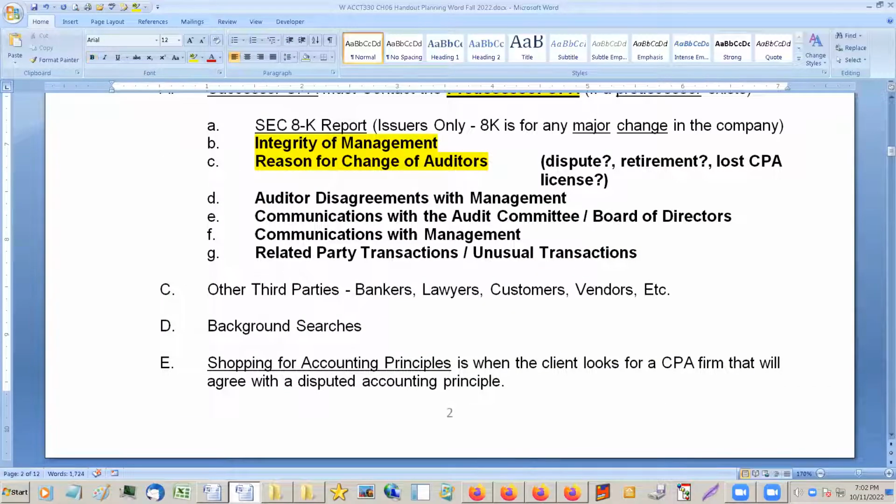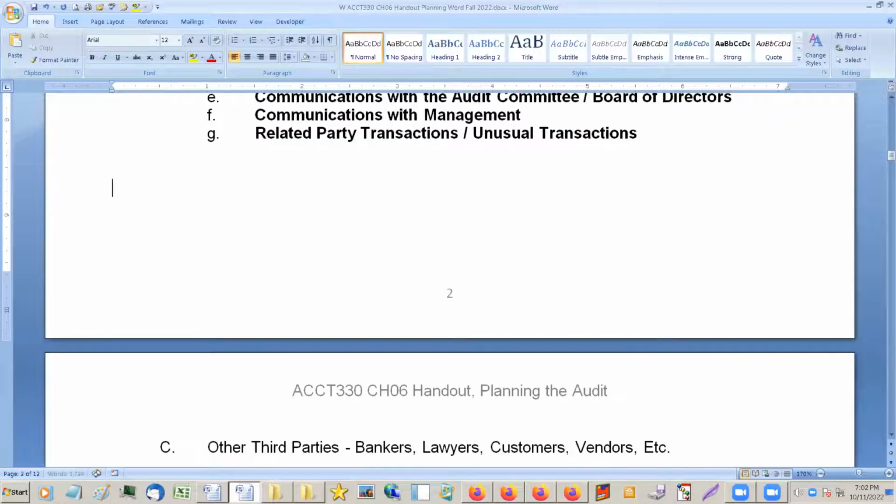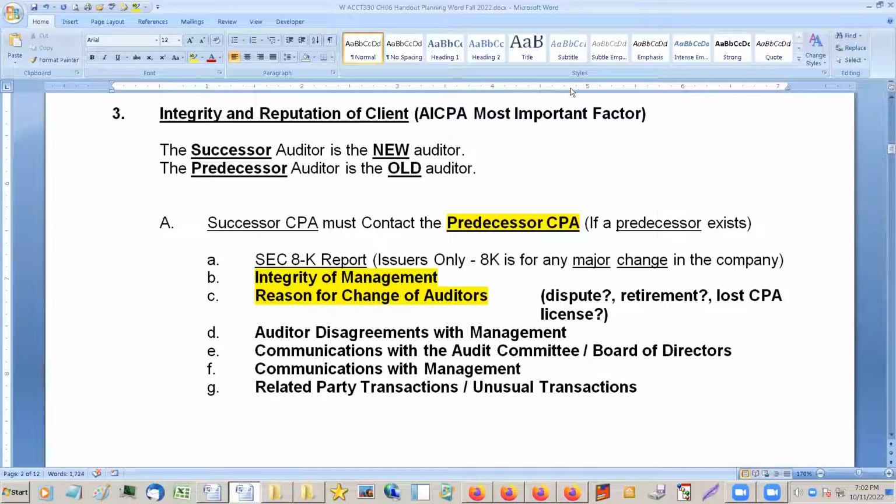I'm going to put one more thing in here, and then I'll stop. Remember, you have a fiduciary duty to the client, and this doesn't stop when you are no longer their auditor. So the client has to give permission to the predecessor, the new auditors coming in, to contact the old one.